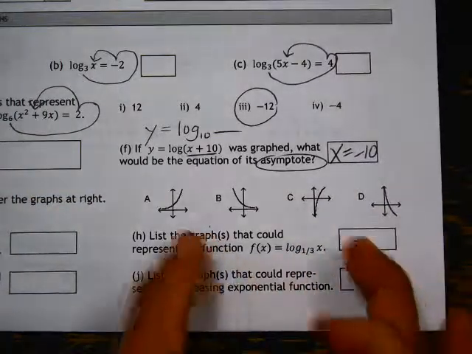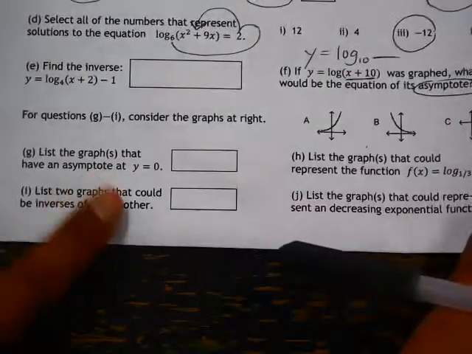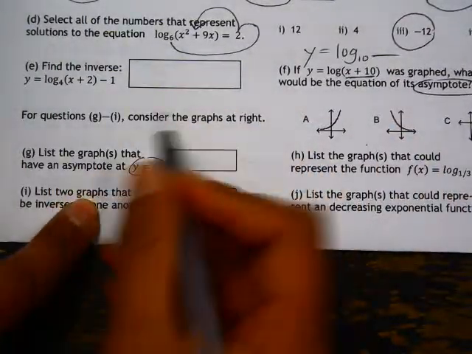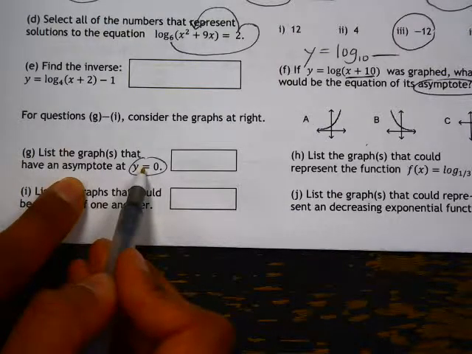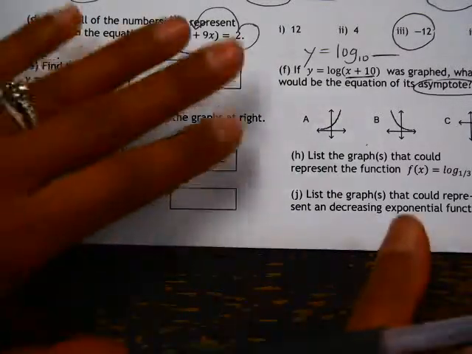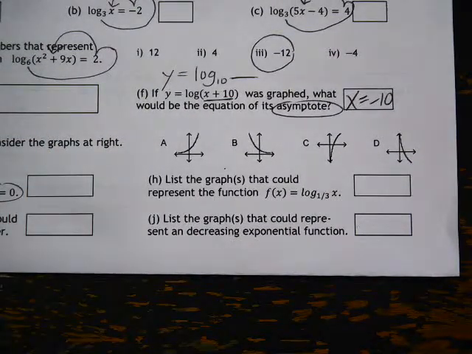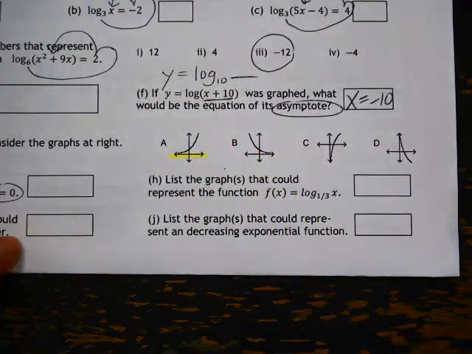So that brings us to these 4 graphs. The first question here is list the graphs that have an asymptote at y equals 0 specifically. So again, asymptote means the graph is approaching y equals 0, but never actually going to hit it. So let's look at the 4 graphs we have here. We can see that graph A is approaching the x-axis, but never actually intersecting it.